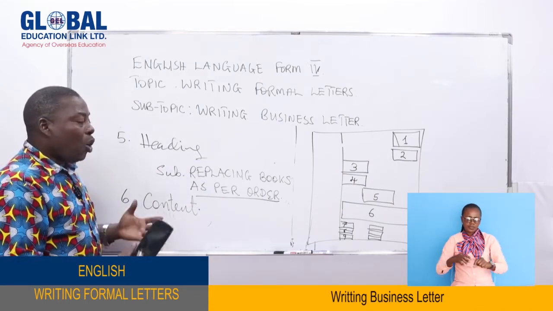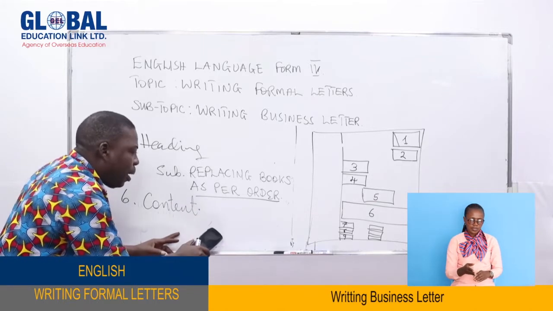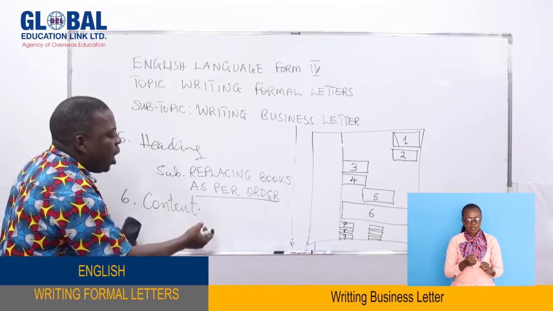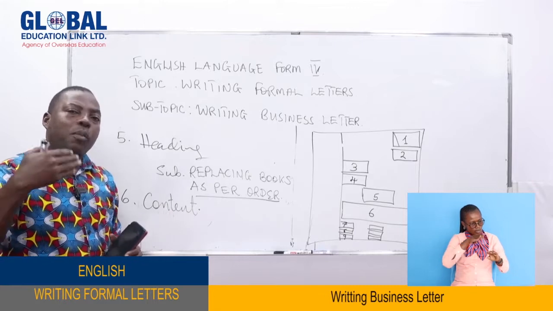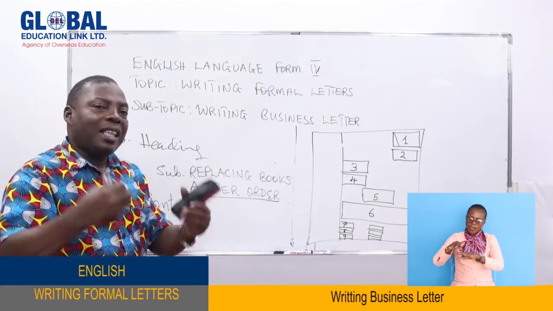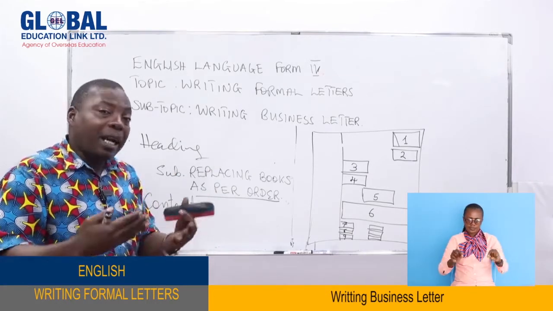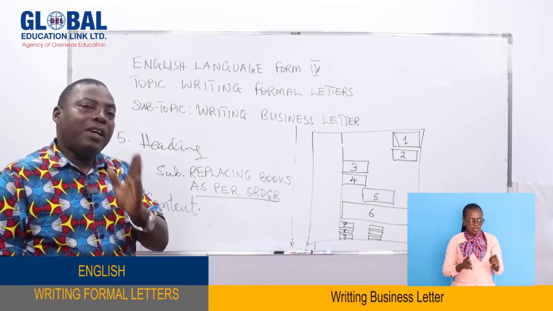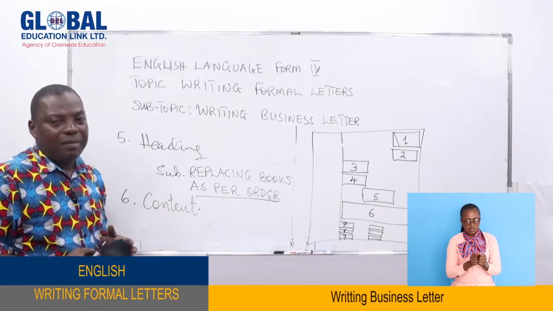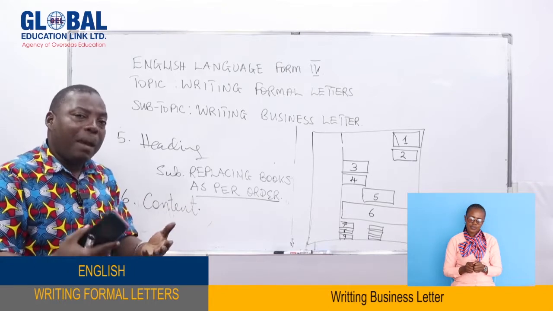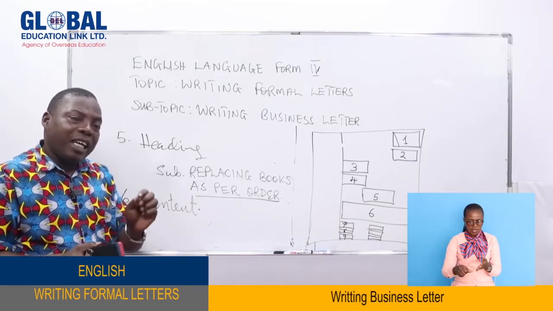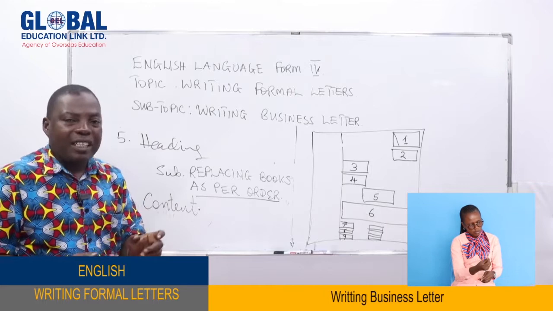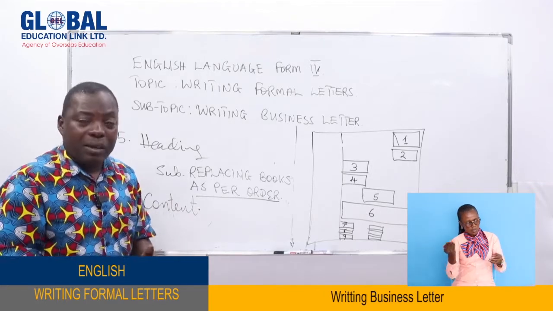So at that point, under the content part, it is a point where you are going to give more description of the things that you would want. And if you're making an ordering, then you have to be specific about the kind of items that you'd want to receive. And if you are making payment, you have to be specific, telling how much each of those items that you received has to be paid.